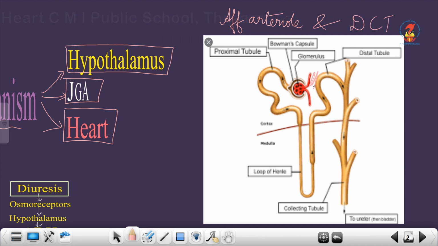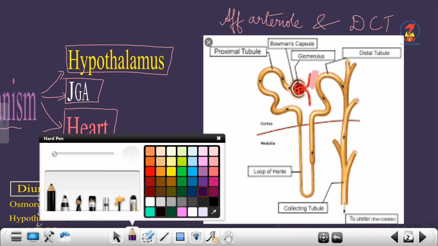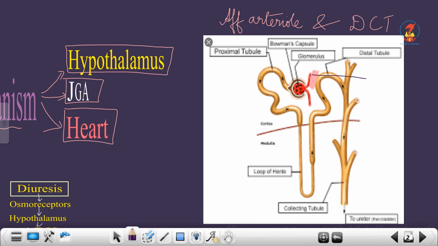So, this region, like a patch I am indicating, is a very sensitive region, and this region is called the juxtaglomerular apparatus. So, I have highlighted, it is not between the efferent arteriole alone, it is between the efferent arteriole and the DCT. This is the JGA.